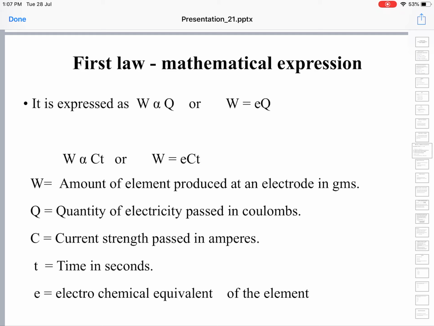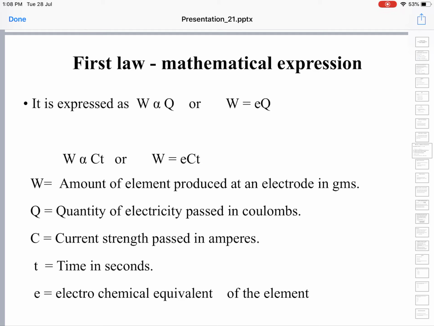This is the mathematical statement of the first law of Faraday, where W is the amount of element produced at the electrode in grams, the quantity of substance deposited or liberated at an electrode. Q is the quantity of electricity passed in coulombs.